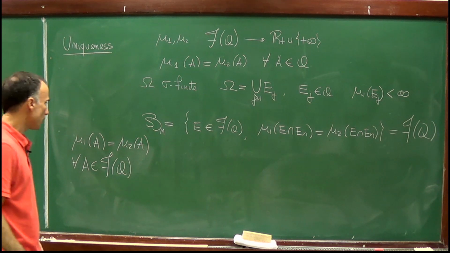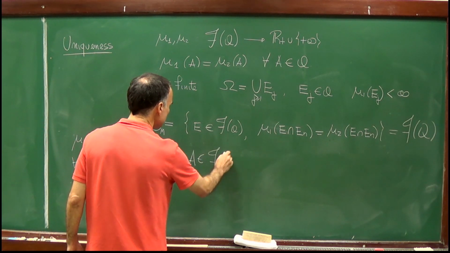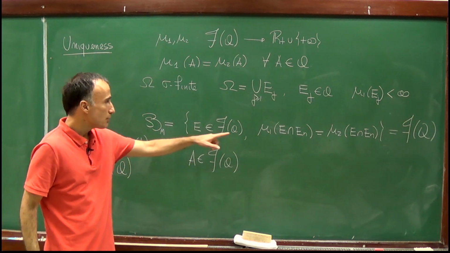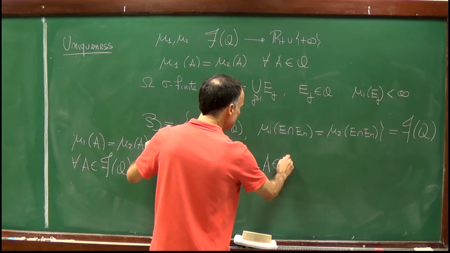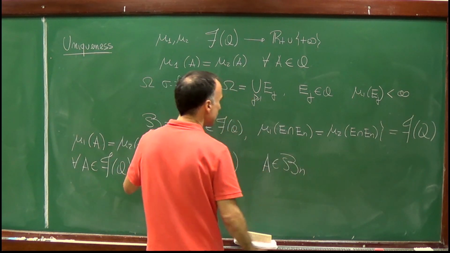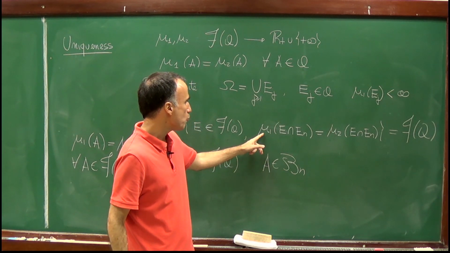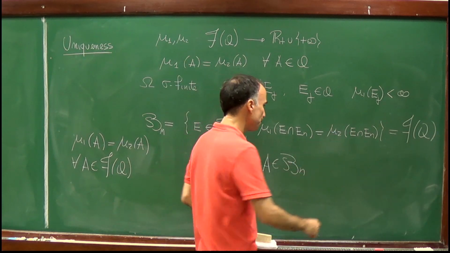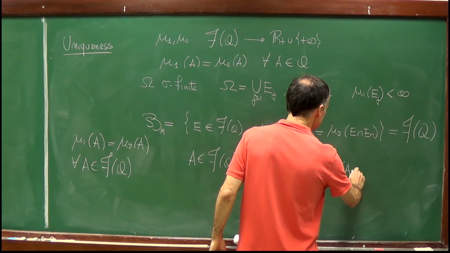All right, so let's take A in the sigma algebra. Since the sigma algebra coincides with Bn, I know that A belongs to Bn. Well, but if A belongs to Bn, this means that mu1 of A intersection En is equal to mu2 of A intersection En.